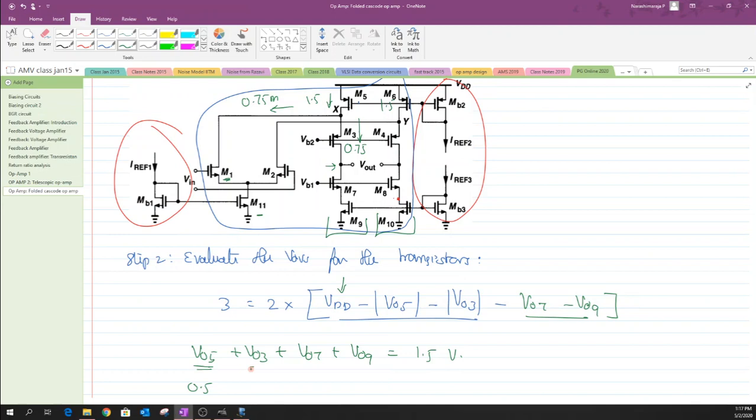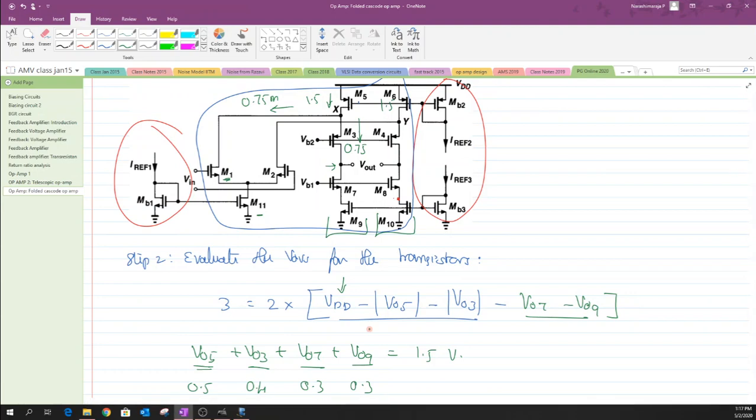So in such cases, what we do is we just dedicate 0.4 volt for this VOV3, and then the remaining 0.6 would be equally split as 0.3 and 0.3 for the VOVs of NMOS structures. Okay, so hope that you're clear with this VOV definition.